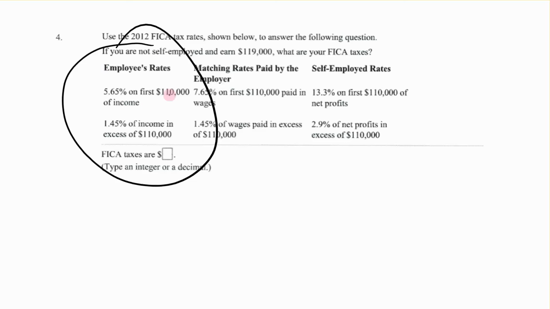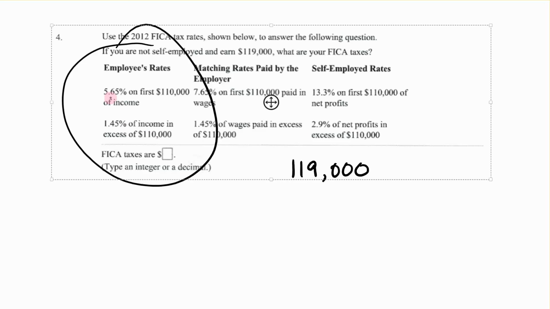Let's see. This person has income, and I would imagine that this is adjusted income of $119,000. You have to pay 5.65% on the first $110,000 and 1.45% on the excess, in other words, anything over that.